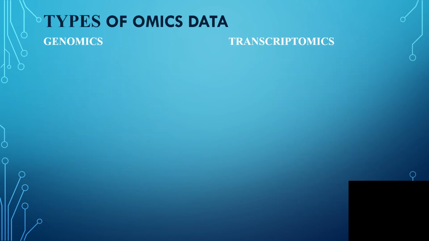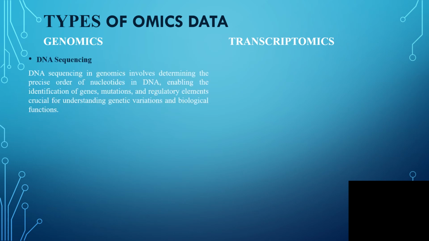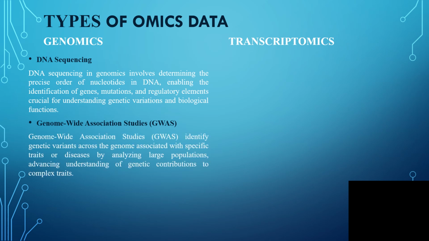Now, let's talk about the types of omics data, focusing on genomics and transcriptomics. Starting with genomics, it has two types: DNA sequencing and genome-wide association studies. DNA sequencing helps us to decode the order of nucleotides in DNA. For example, DNA sequencing was critical in the Human Genome Project, which mapped all human genes, providing a foundation for understanding genetic diseases.